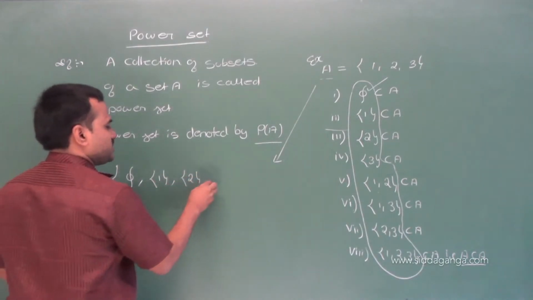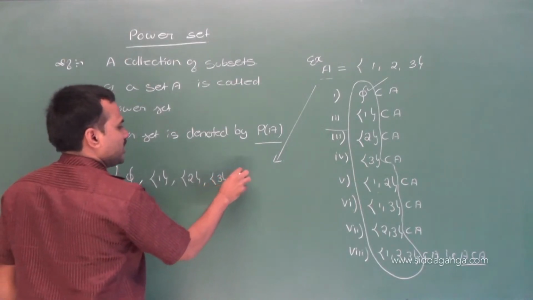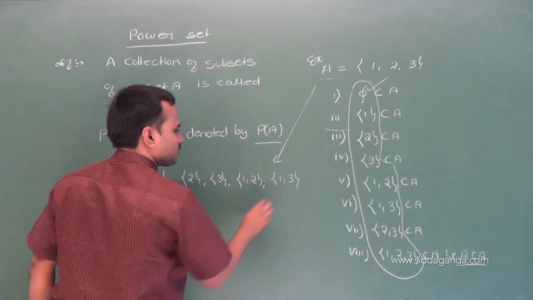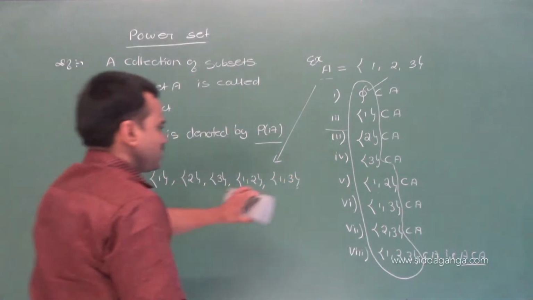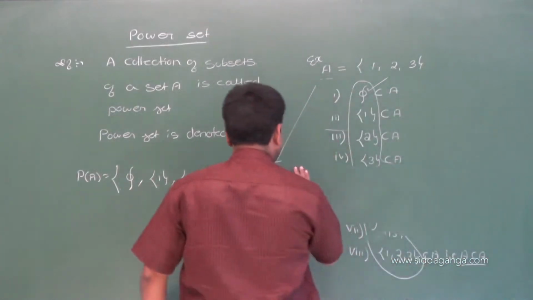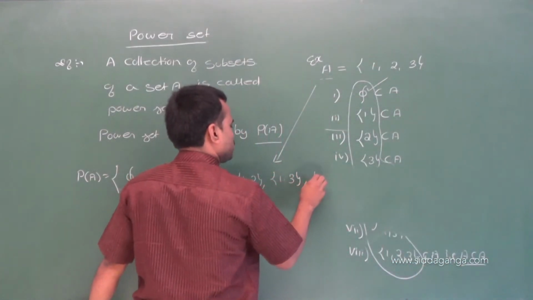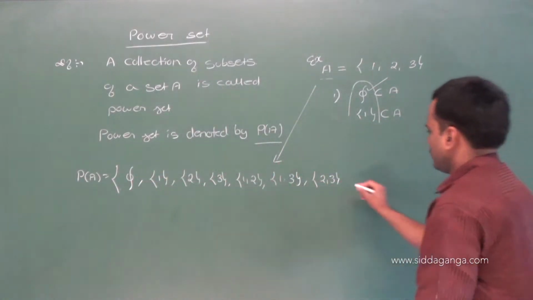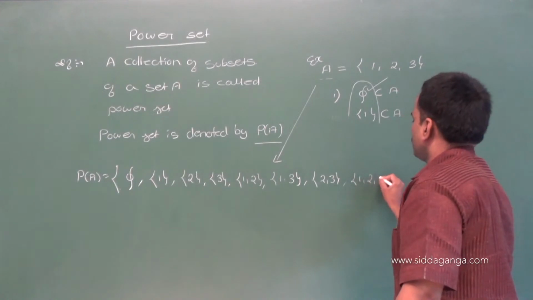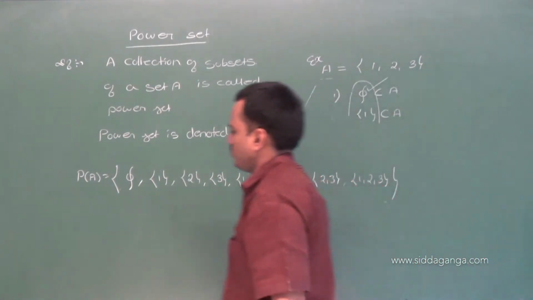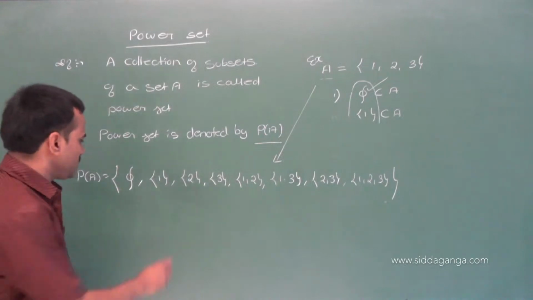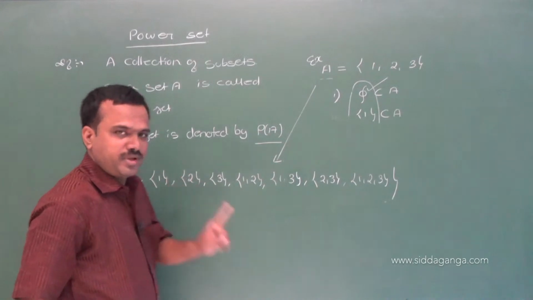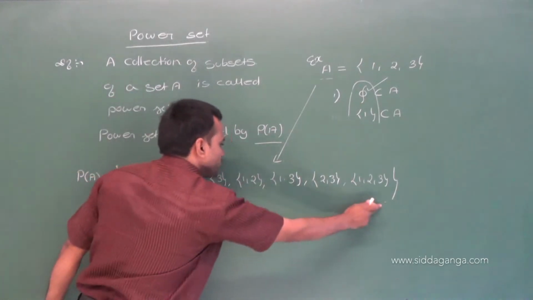All these are subsets. Next {1, 2}, next {1, 3}, the next one {2, 3}, and the last one {1, 2, 3}. So all these are a collection of subsets. Power set means a collection of subsets.